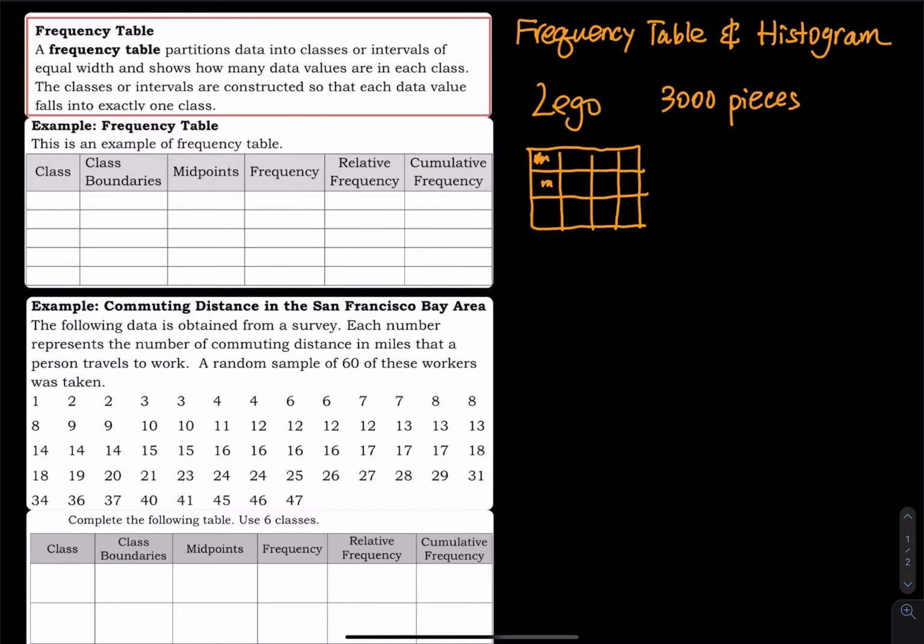If you have glass windows, something like that, you put that in another grid. After the job is done, let's say you are trying to build a truck. Instead of looking through 3,000 pieces all over the place, you can just pick the piece you want straight from this box. So after I organize my Lego, I know exactly what to look for.